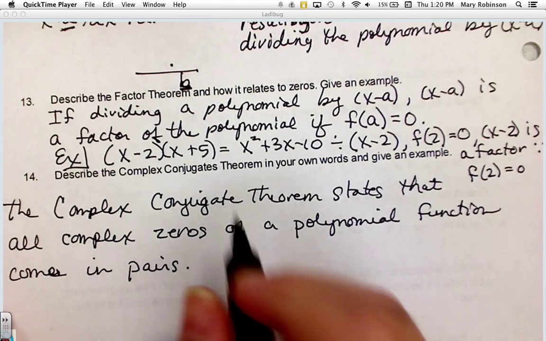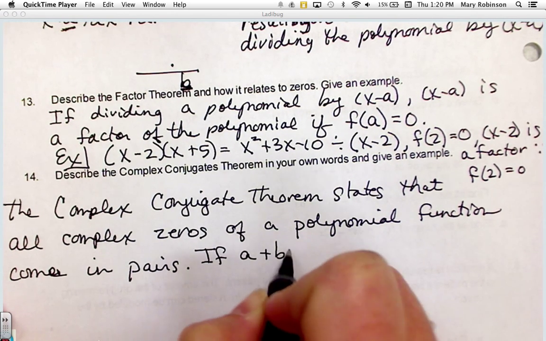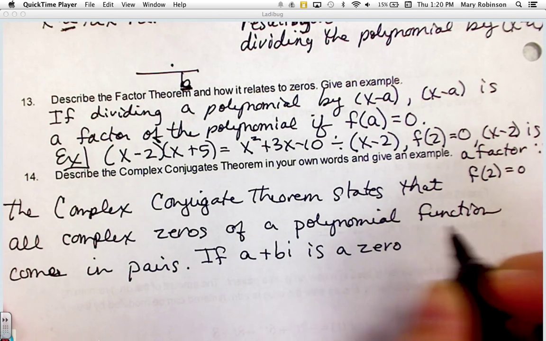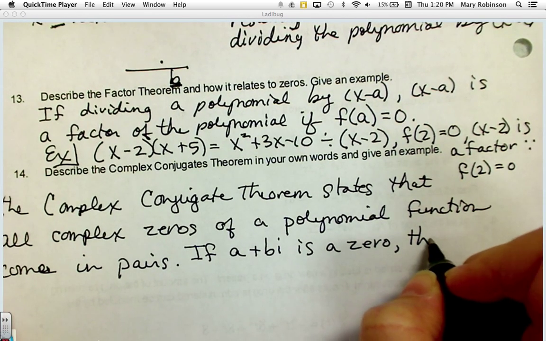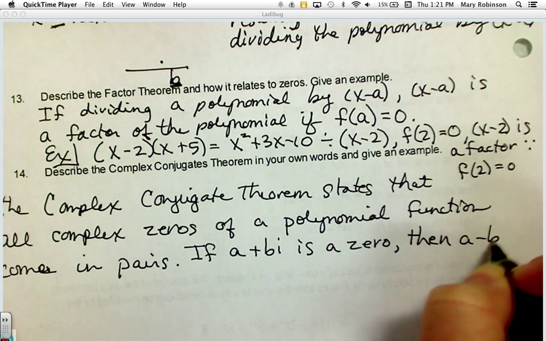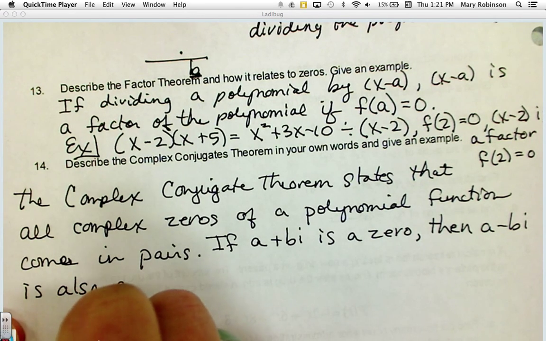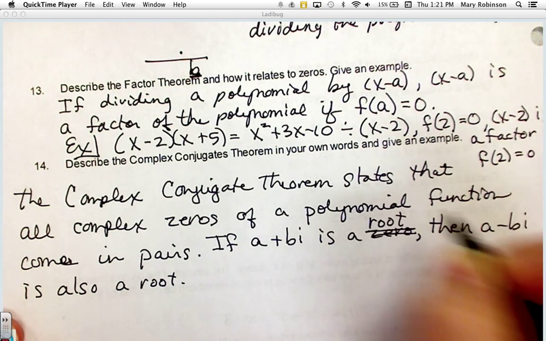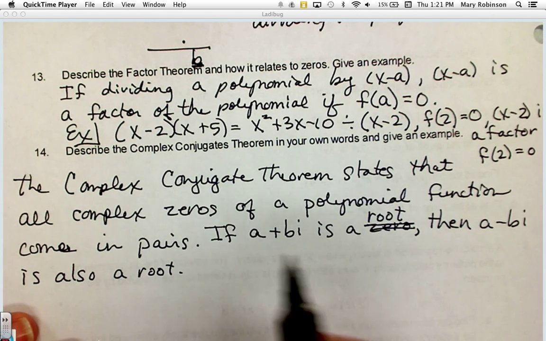And further, if a plus bi is a root, then a minus bi is also a root.